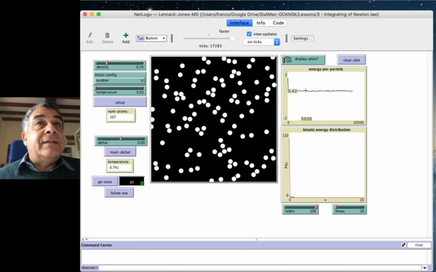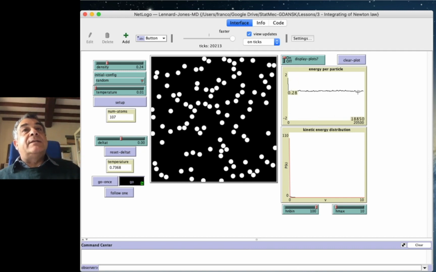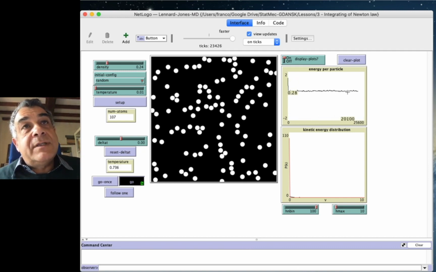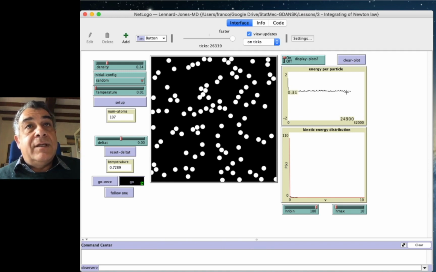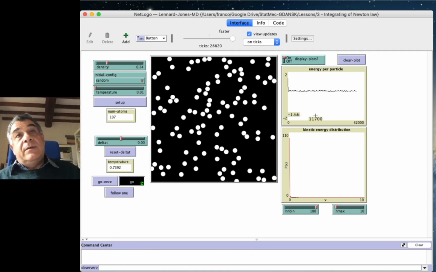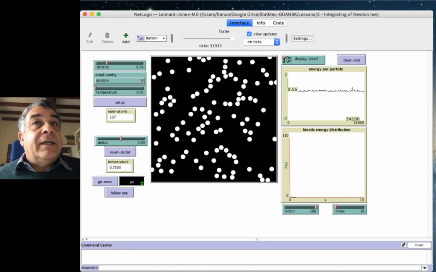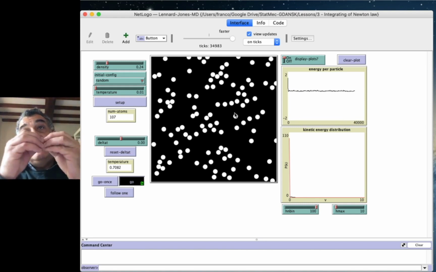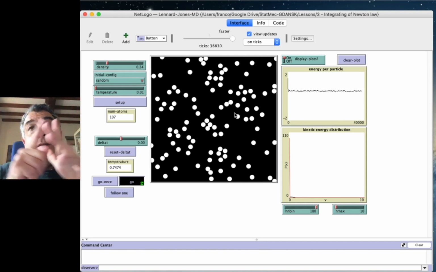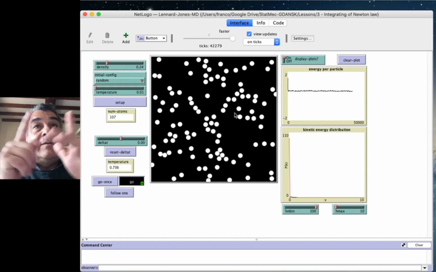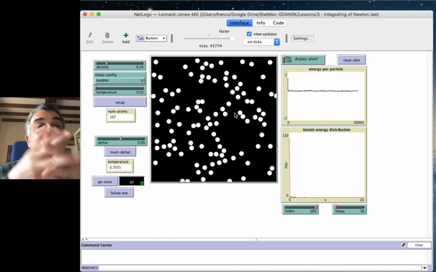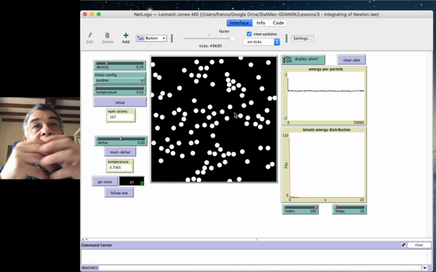You can see that the energy is conserved, with oscillations due again to the algorithm and to the fact that when they interact, clearly the energy is conserved, but we can have some small variation.